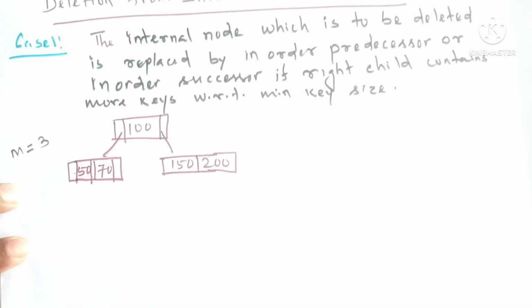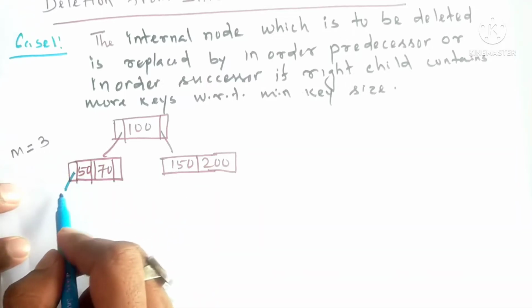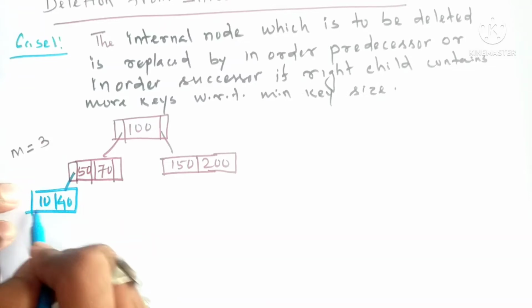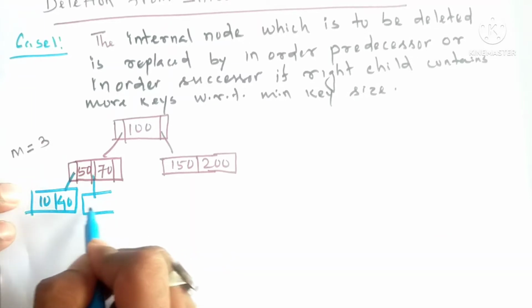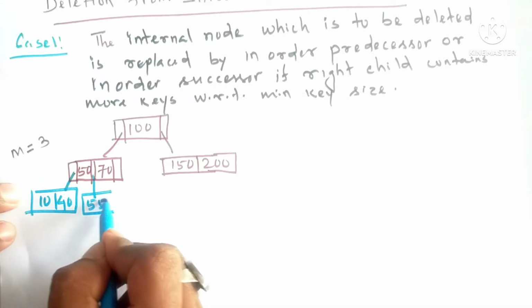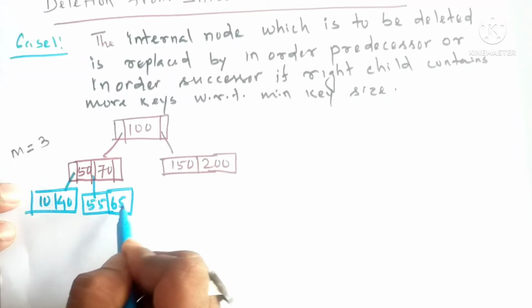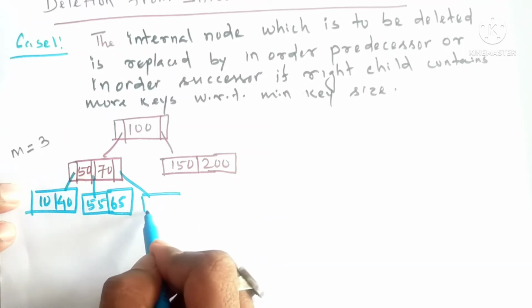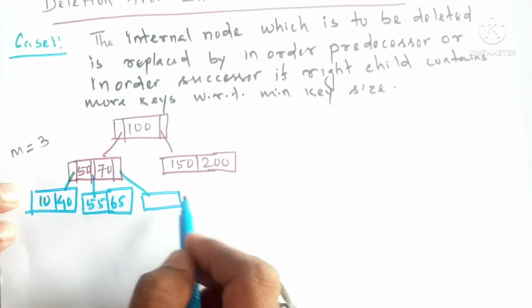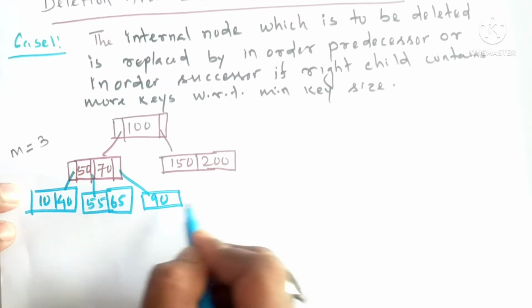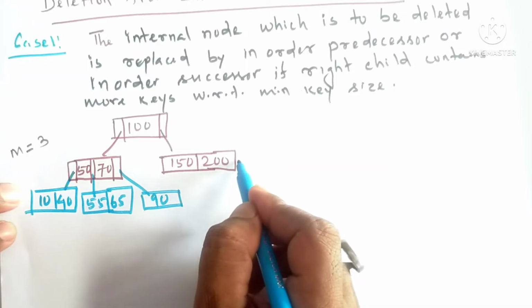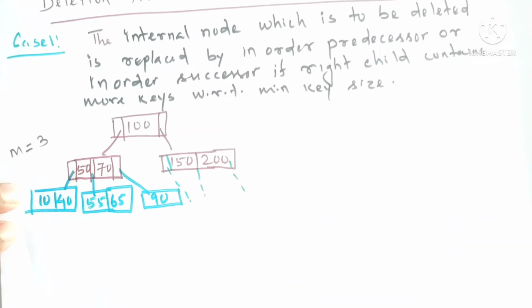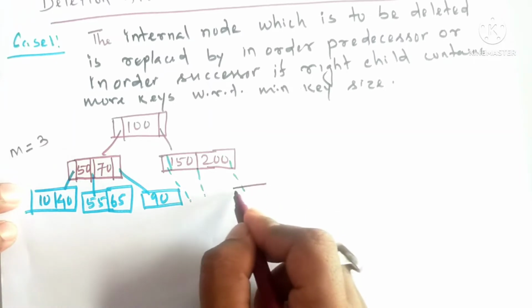You can say that 10 and 40 are placed here, here 55 and 65, and here, let's say, 90 is placed. Similarly, we have some values here and here also.